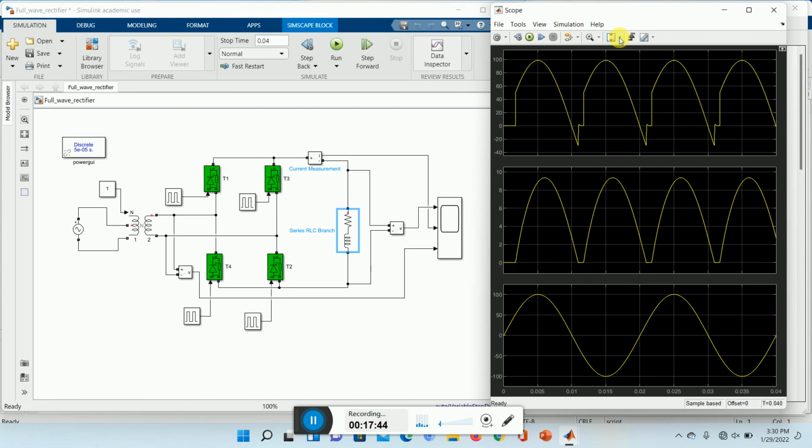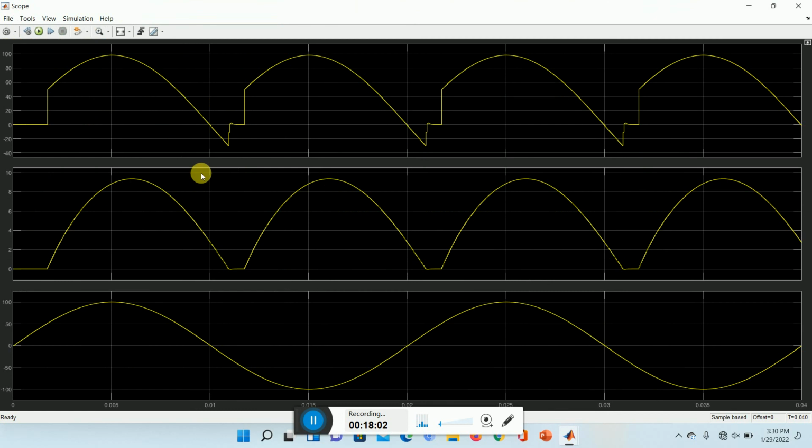If I zoom it, horizontal zoom, let us zoom only one cycle. It's taking time. Let me enlarge it.